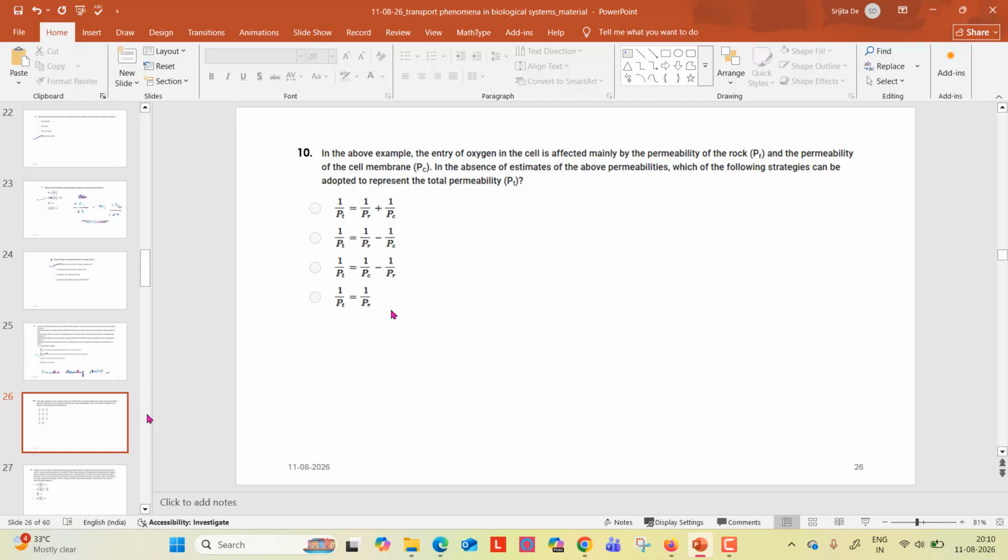Next, in the above example, the entry of oxygen in the cell is affected mainly by the permeability of the rock and the permeability of the cell membrane. In the absence of estimates of the above permeabilities, which of the following strategies can be adopted to represent the total permeability?